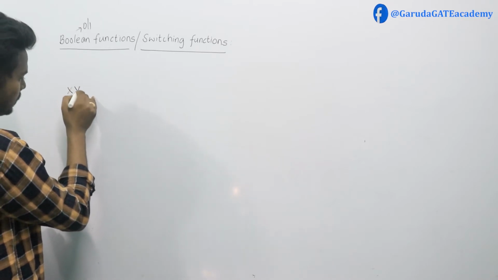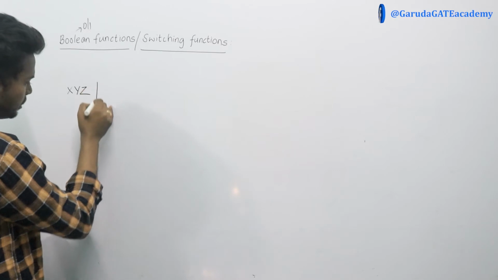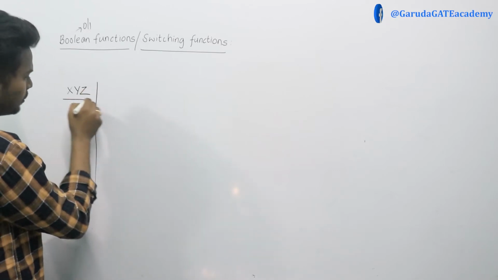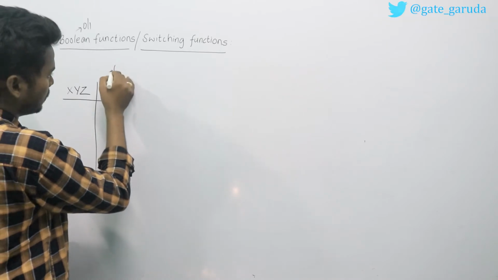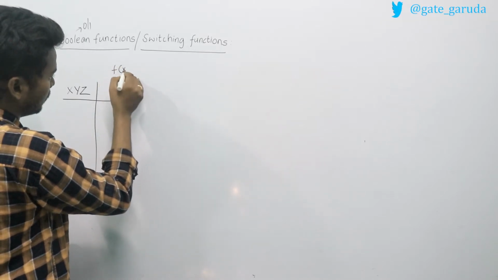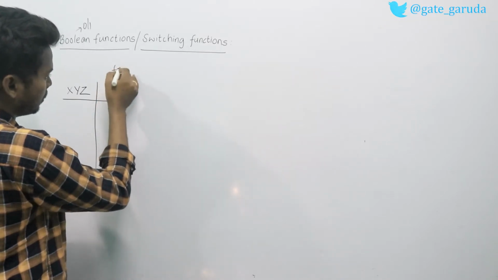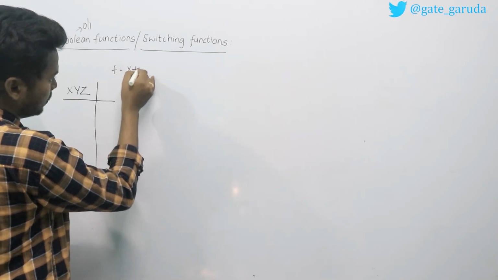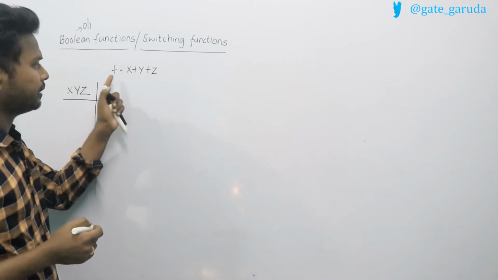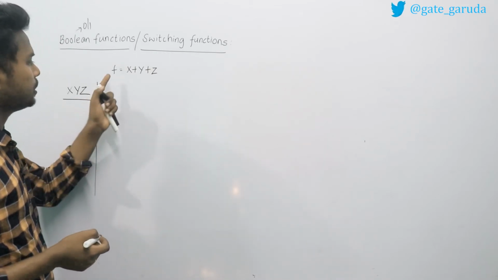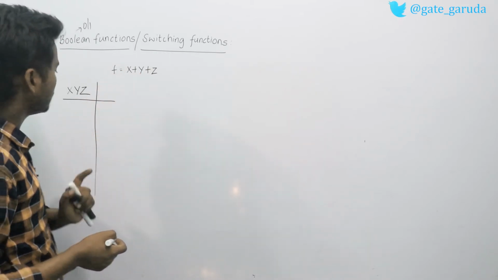If you portray that last example in this context, let us suppose x, y, z is a combination of inputs, and the function is x plus y plus z. In the last example, we had taken f of x is equal to 2x. So here the function is x plus y plus z.